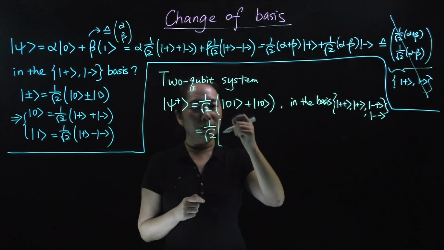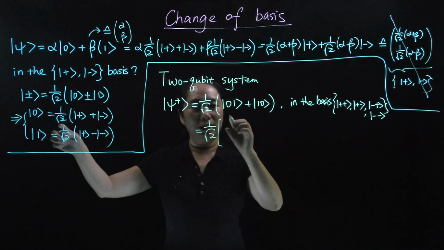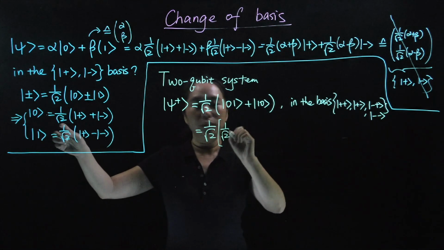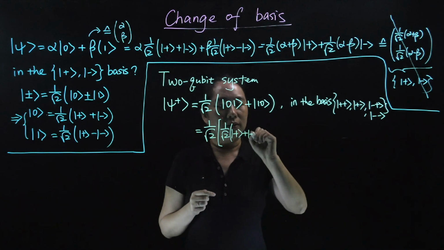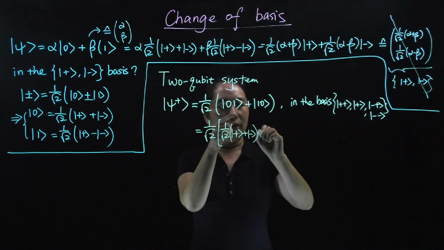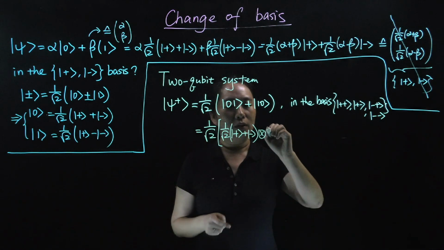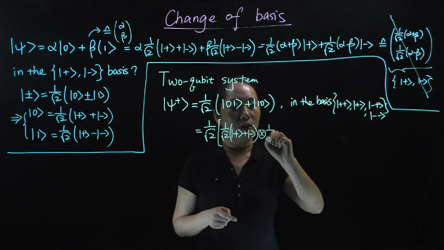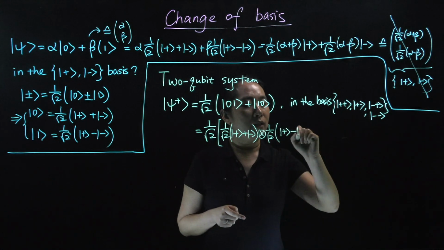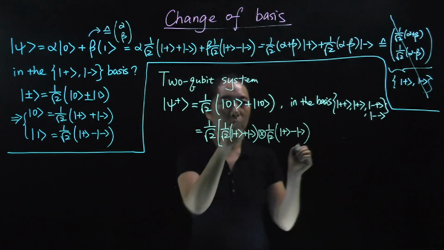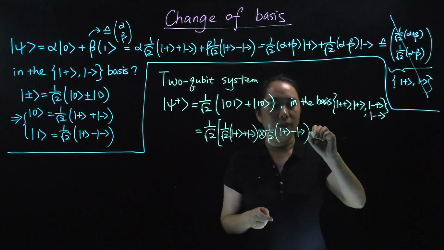For the first qubit, the 0 state, we write it as 1 over square root 2, plus plus minus. And now for the second qubit, which is in state 1, this is 1 over square root 2, plus minus minus. And we do the same for the second term.